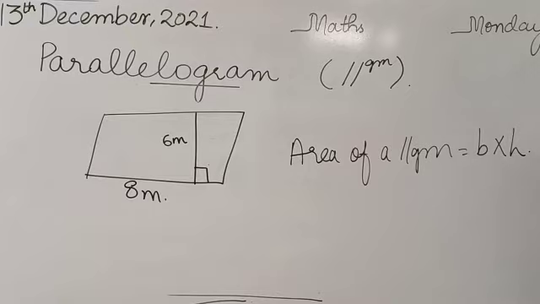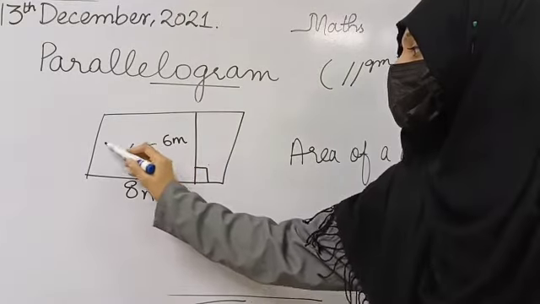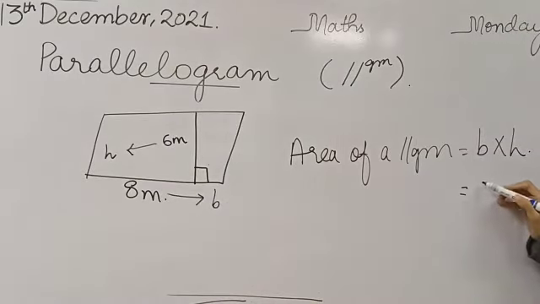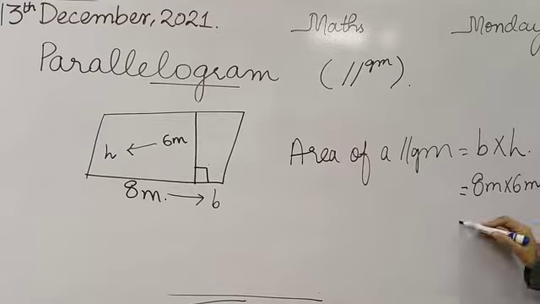What is base here? This is height and this is base. So multiply 8 meter with 6 meter and you will get 48 meter square. What is this meter square? I told you earlier, this is the unit of area. This shows that we multiply meter with meter, side with side, and we find out the area.